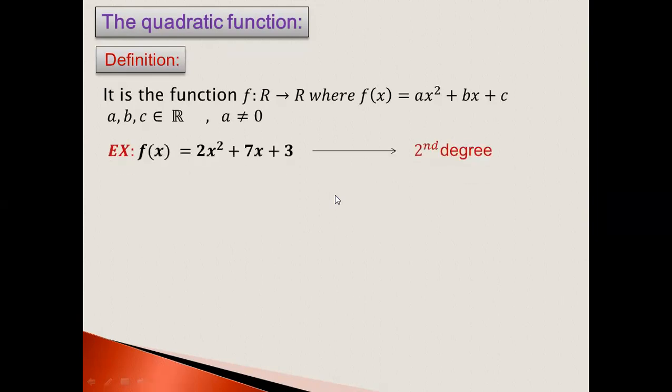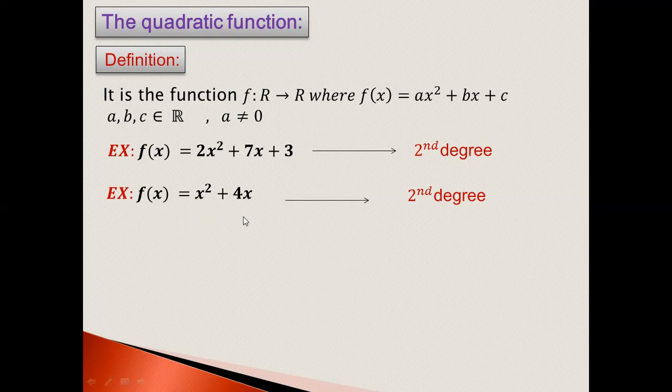Examples. f of x equals 2x^2 plus 7x plus 3. This function is of second degree because the highest power of the variable x is 2. So this is called the quadratic function. f of x equals x^2 plus 4x.